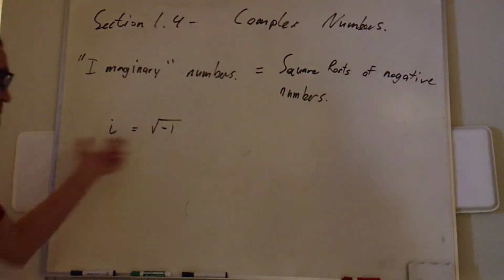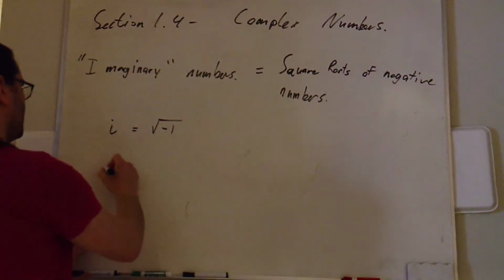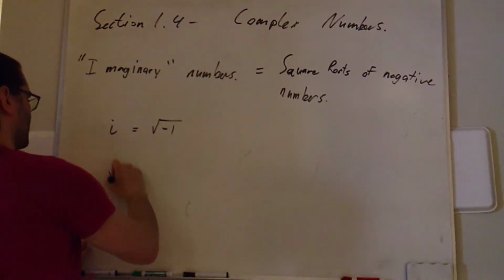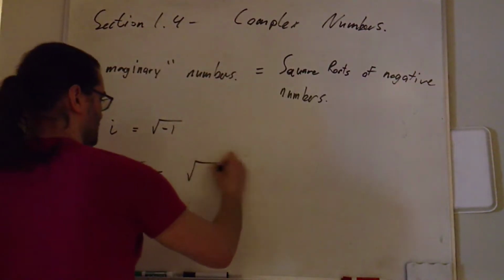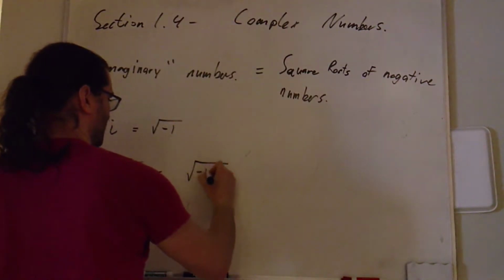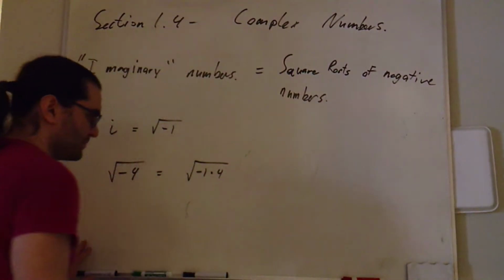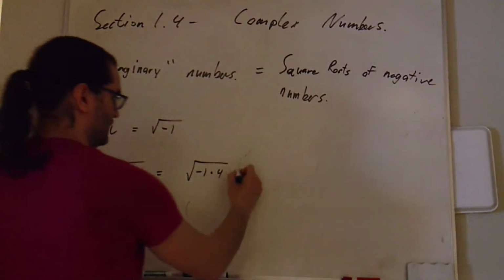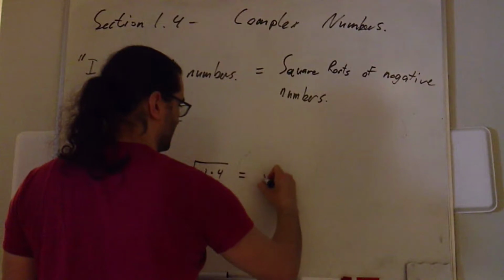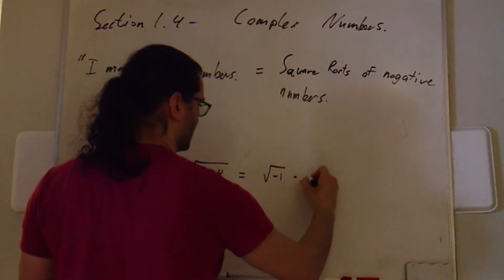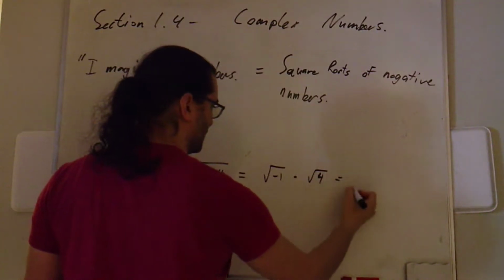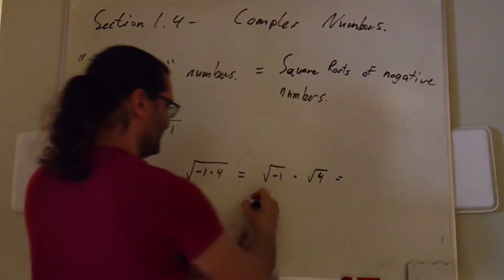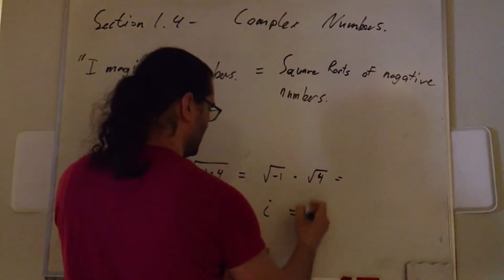We can get bigger imaginary numbers if you're dealing with something like the square root of -4. You can split that into the square root of -1 times 4. And then you can split the square root. So this is the square root of -1 times the square root of 4, which is, this piece right here is i. This piece right here is 2.